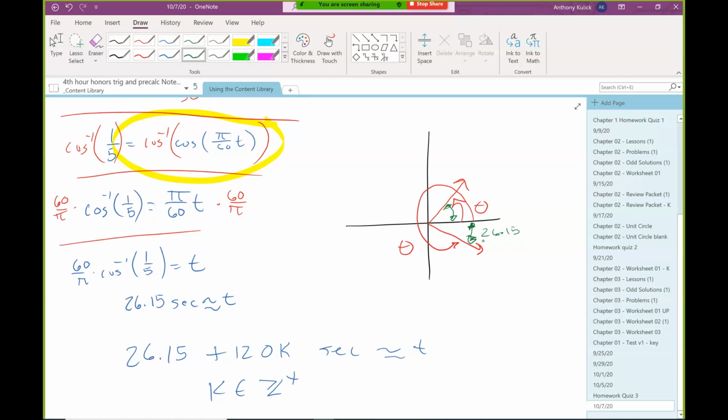So this measure then would be 120 minus 26.15. One full rotation of our Ferris wheel is 120 seconds. That's like here to here.